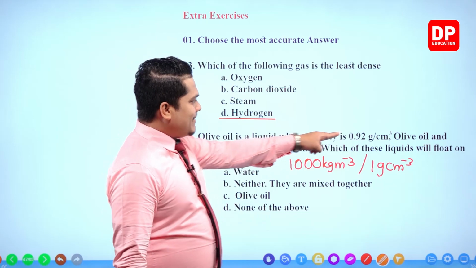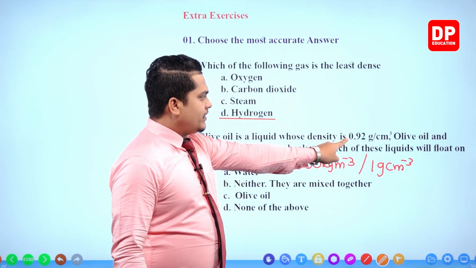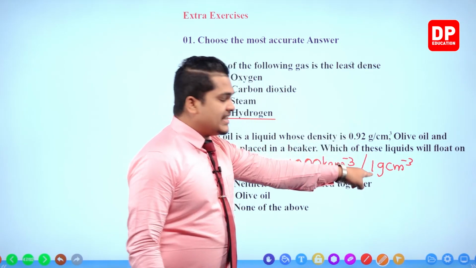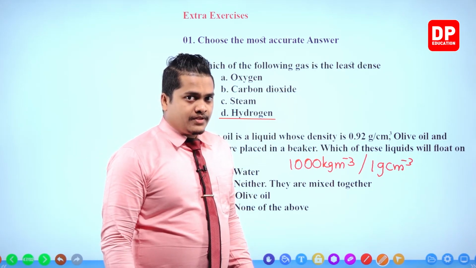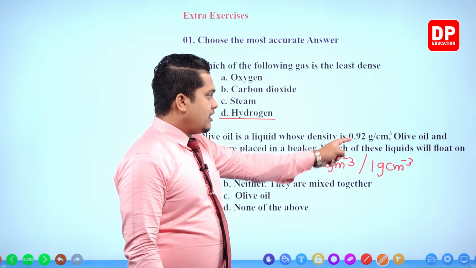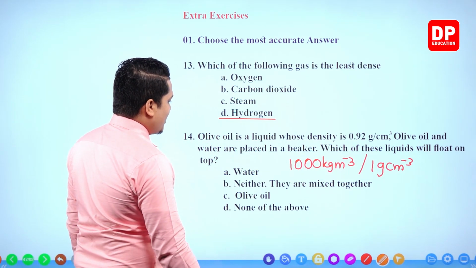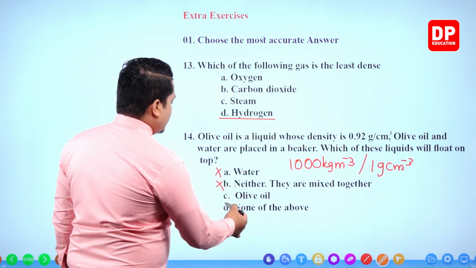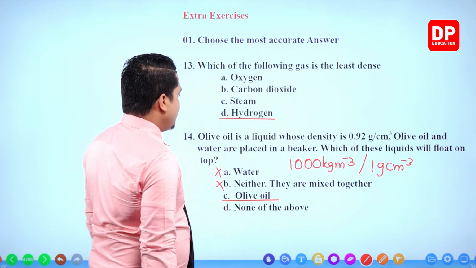When you compare these two, olive oil has a lower density, water has a higher density. If the density is high, those things will go to the bottom. Then the floating one would be olive oil. So water is incorrect. Neither, they are mixed together, is once again incorrect, as these things are not getting mixed. So our correct answer would be olive oil.